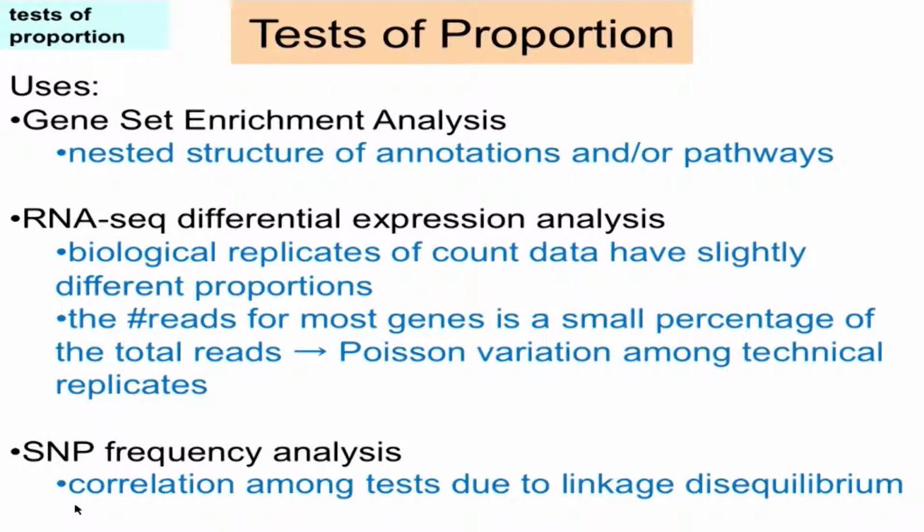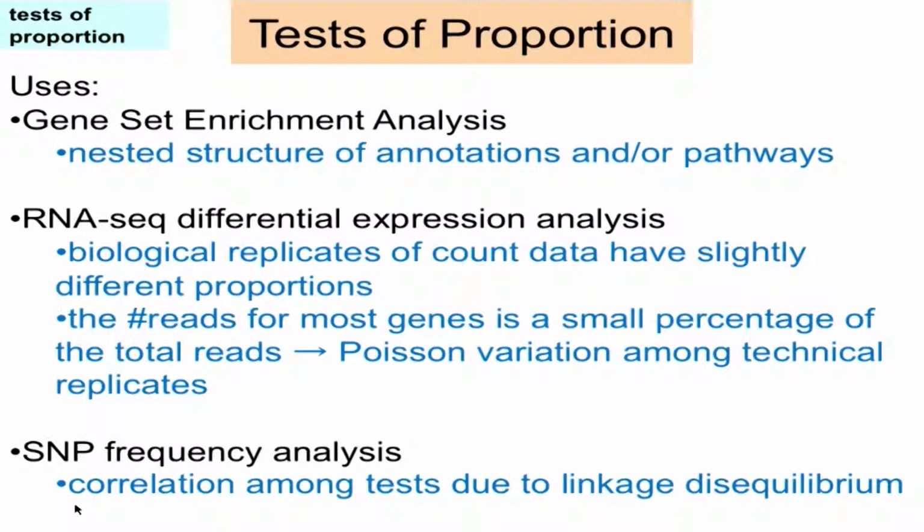So in gene set enrichment analysis, this might not be so much a factor when you're doing pathway analysis, because as far as I know, people don't look at nested parts of the pathway, but maybe that's wrong, maybe they do these days. But in gene ontology terms, there's a nested tree of gene ontology terms, and the way the analysis works is it kind of goes up the tree to find the highest node at which things are enriched.